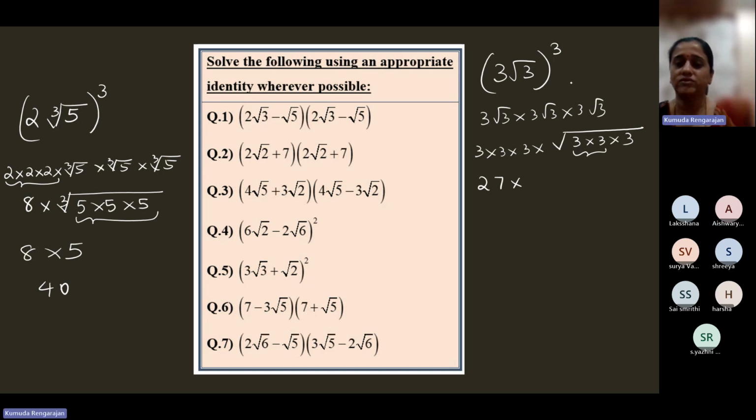No, this is different. This is the one I did before this. Where have I written square root? Mom, you've written square root of 3 into 3 into 3. Right now, this question only. This one is what we did first, no? This is square root of 3. 3 square root of 3, the whole cube. Okay. Yeah.